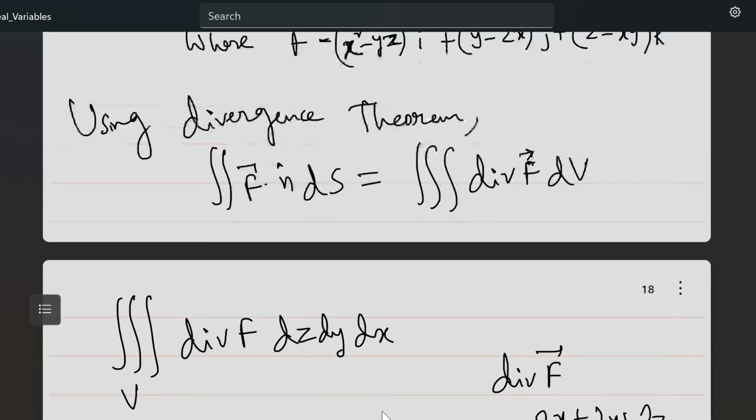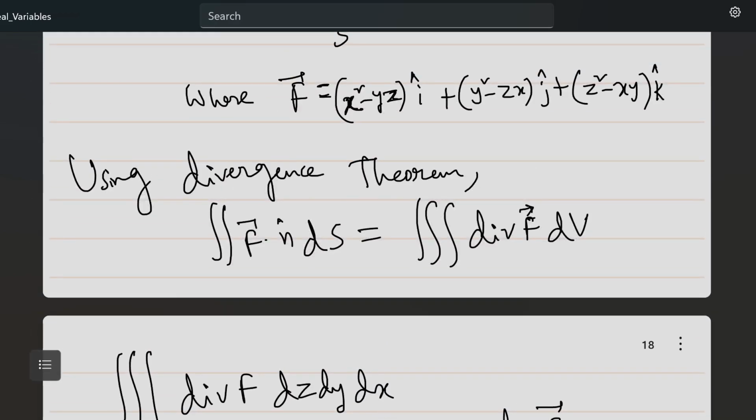Did you understand how I found this? This is just a derivative, and then take the dot product. So divergence of f is 2x plus 2y plus 2z, dz dy dx.